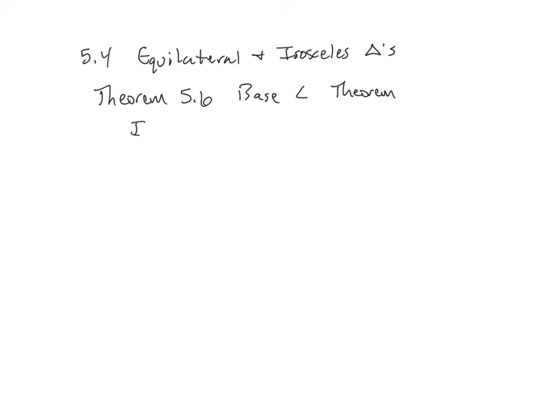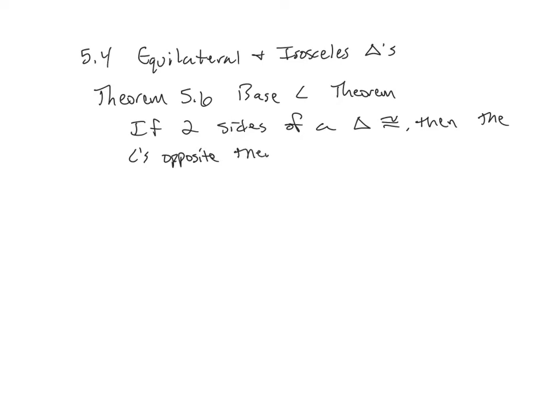And it says if two sides of a triangle are congruent, then the angles opposite them are congruent.